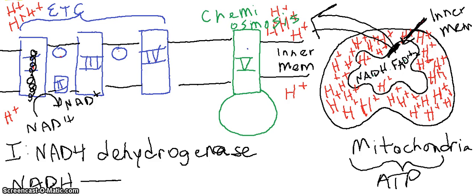Active transport, we said, is where we pump a particle, a molecule, from a region of low concentration to a region of high concentration. And in order to do that, we needed energy. The energy that's going to be necessary to take this hydrogen ion and pump it against a concentration gradient up into the outer matrix is coming from the oxidation of NADH.